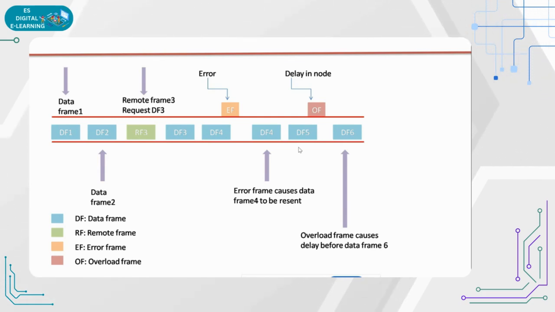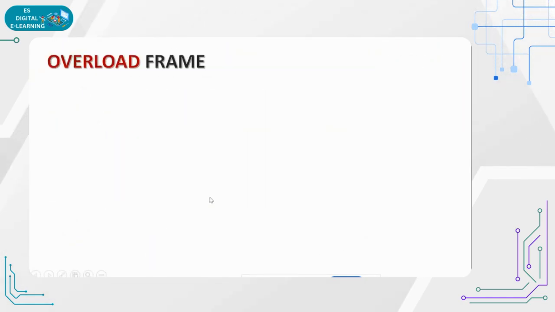So there will be a collision. And when you are sending messages, you should not give more gap. That will be the overload frame, or the space that we give between the 2 messages to send the data. Okay, so coming to the overload frame, how does it look?